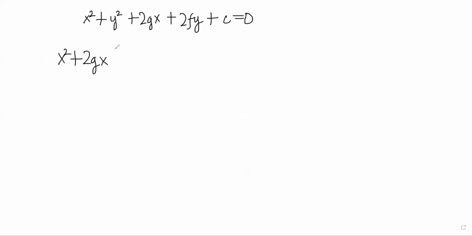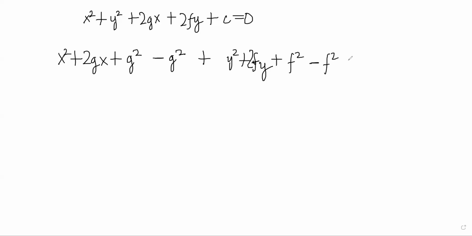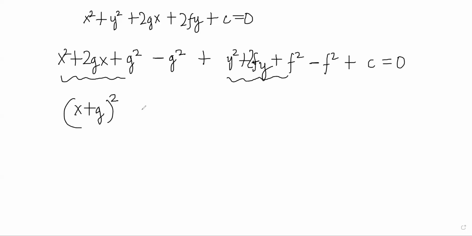So we'll collect all the x terms together, add a g square and a minus g square, and then the y terms together, add a f square and a minus f square, and then plus c, right? So here, these three terms become x plus g whole square. These three terms become y plus f whole square. And on the other side, you have g square plus f square minus c.